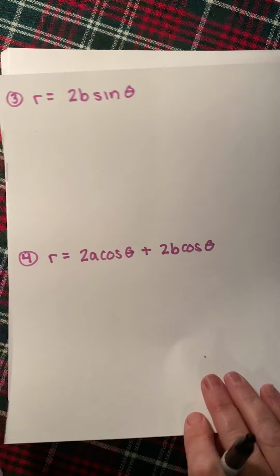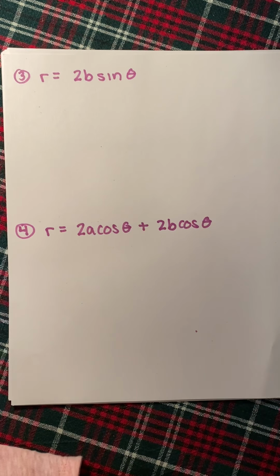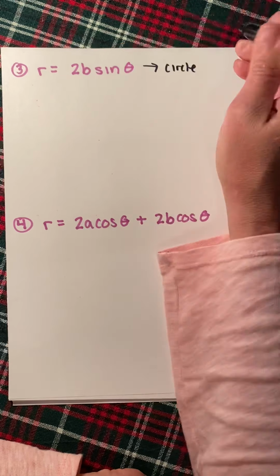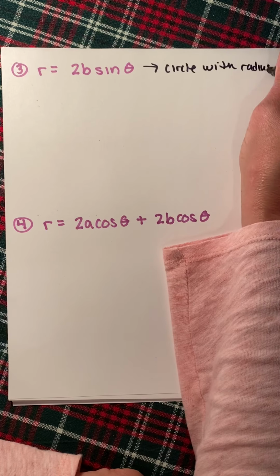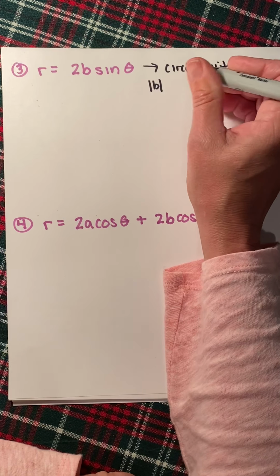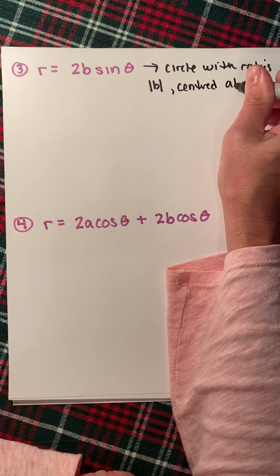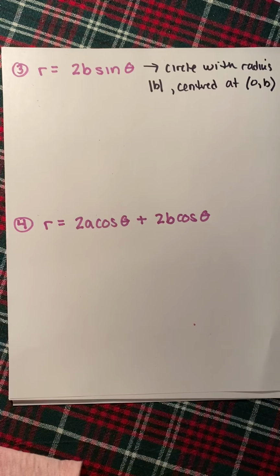If we have r equals 2b sine theta, now this is also a circle. It's a circle with radius, oops, I'm going to change that to the absolute value of b. And this one is centered on the y-axis at 0, b.